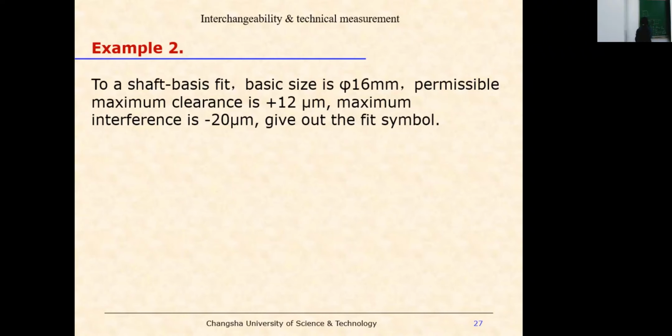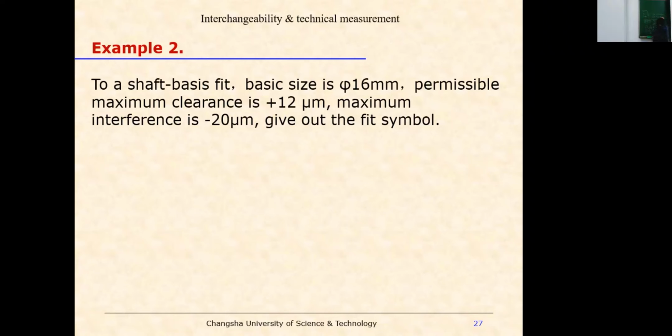So from the table we can get the ES, right? How can we get the ES? The maximum. The ES minus EI equals maximum, right? So the ES equals this, EI 0. And this is the maximum, so the maximum is 11.